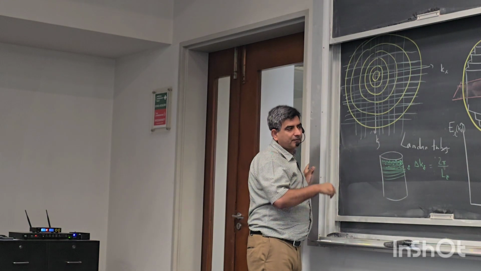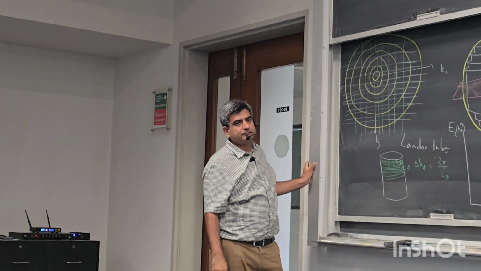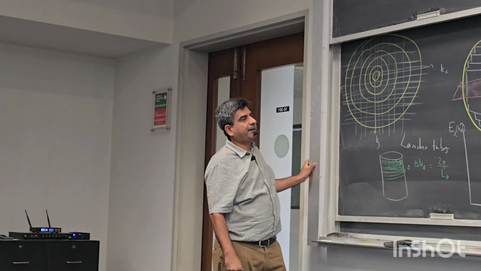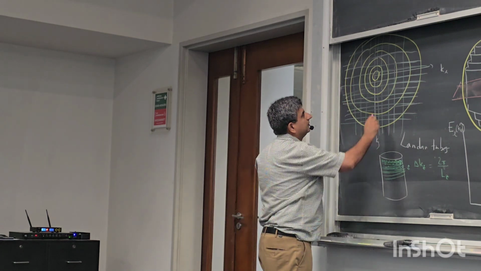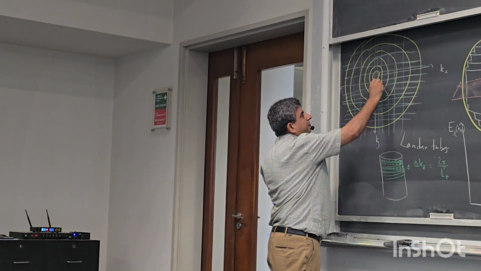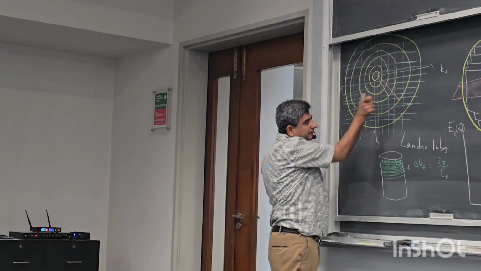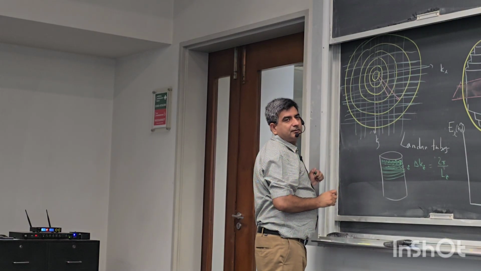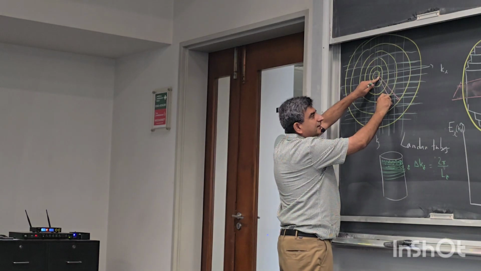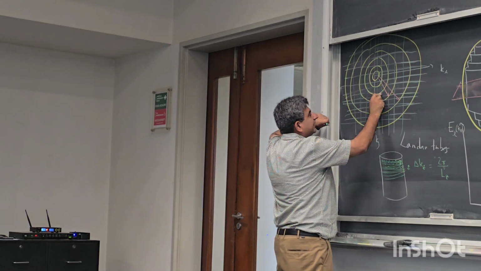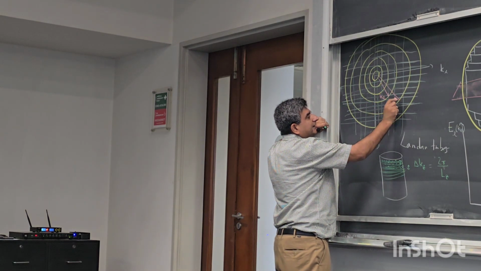Spacing, do you mean the spacing between the rings that make up one Landau tube, not the spacing between tubes? No, I'm talking about this spacing, from here to here, the spacing between Landau tubes. So this is a radius, and let's call this radius KL.